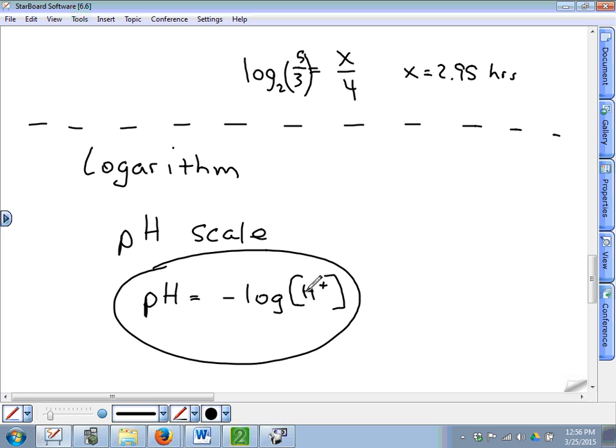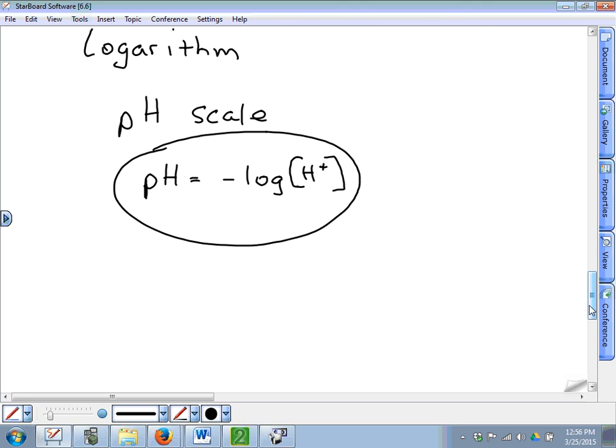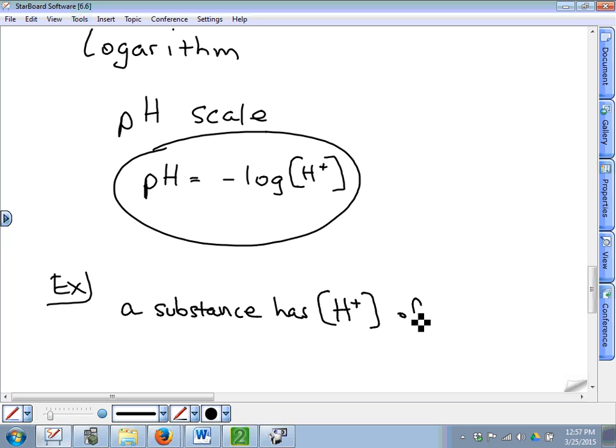This one actually might be given to you, if I remember right. So just a quick example, kind of like number 2. A substance has an H plus concentration of 2 times 10 to the negative 3.